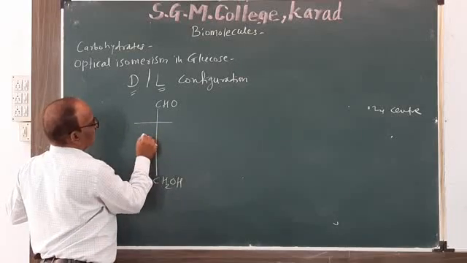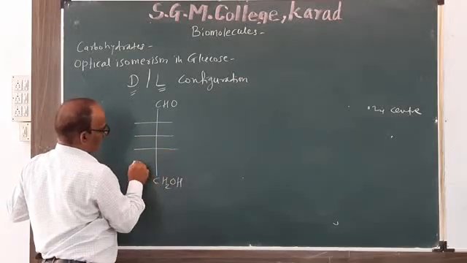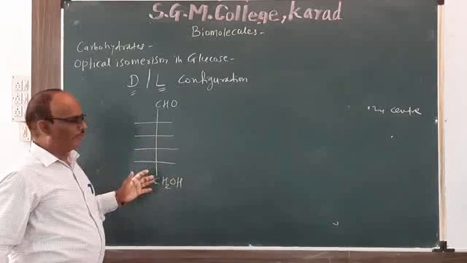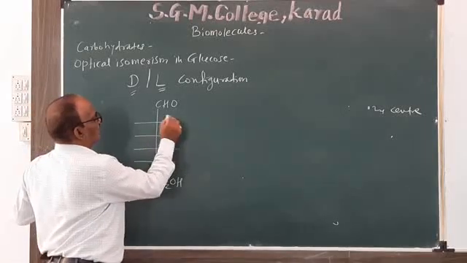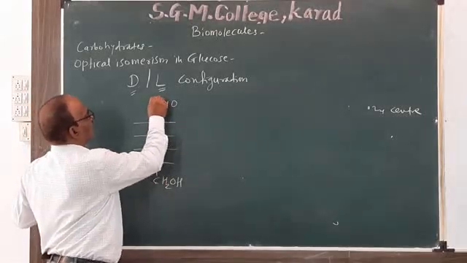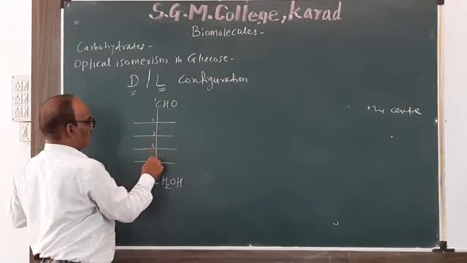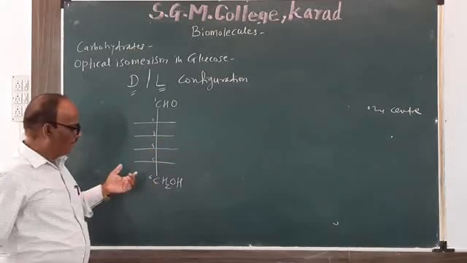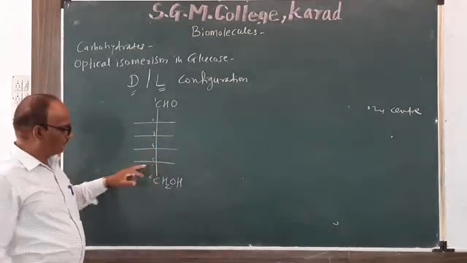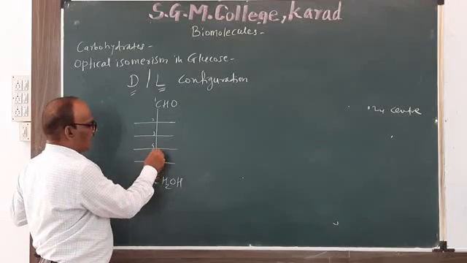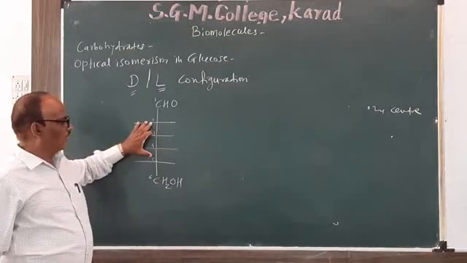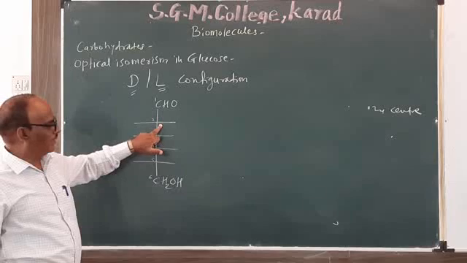In between these two groups there are 4 different carbon atoms, carbon atoms 1, 2, 3, 4, 5 and 6. Carbon number 5 is the lowest chiral carbon. These 4 carbon atoms are chiral carbon atoms.